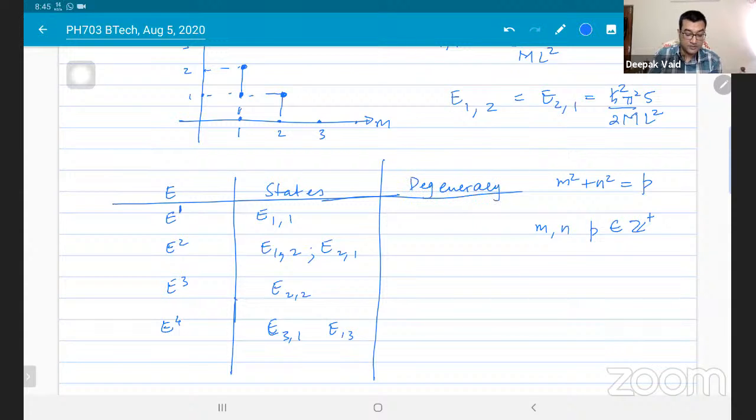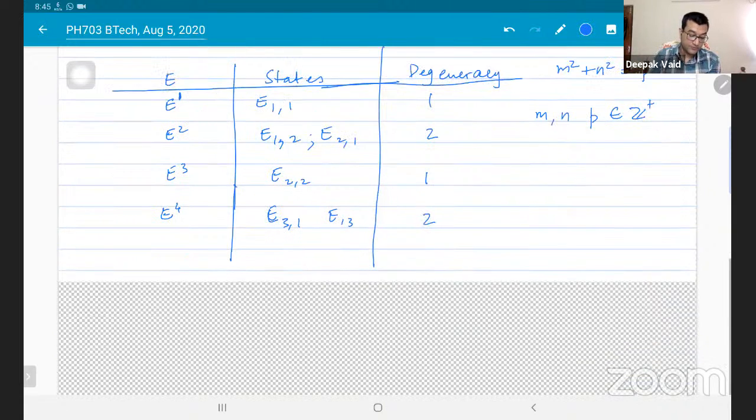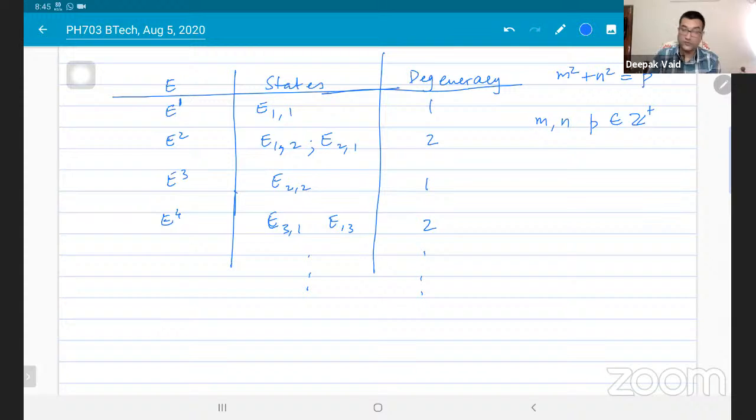So this is degeneracy. Degeneracy means that you have states which have the same eigenvalue. They are different states, but they have the same eigenvalue. So here the degeneracy for the first one is 1, then 2, then 1 and 2, and so on. Okay.